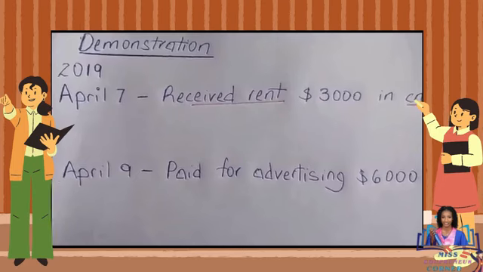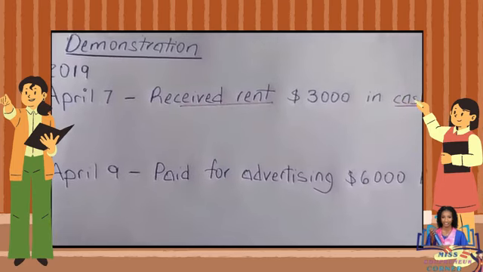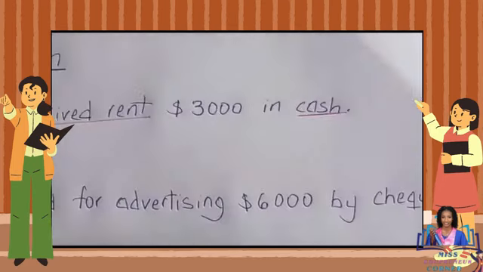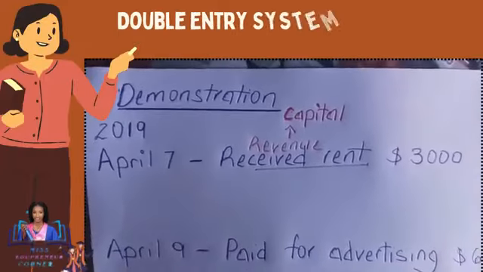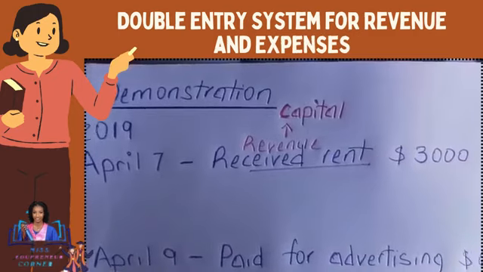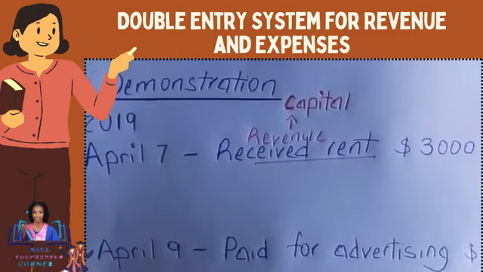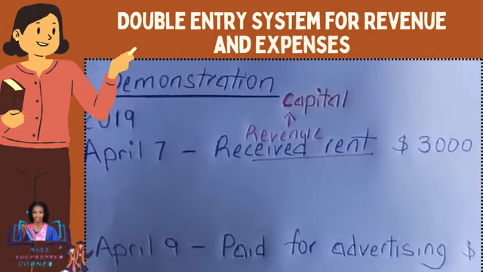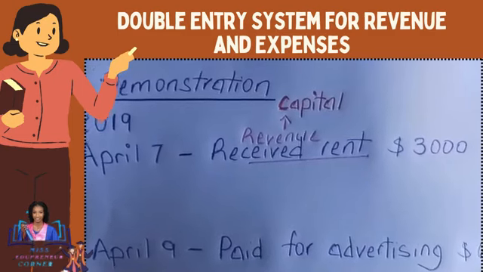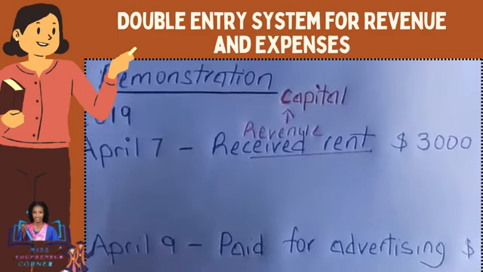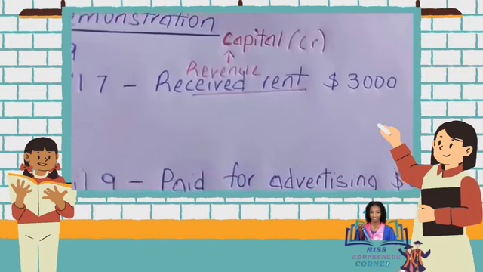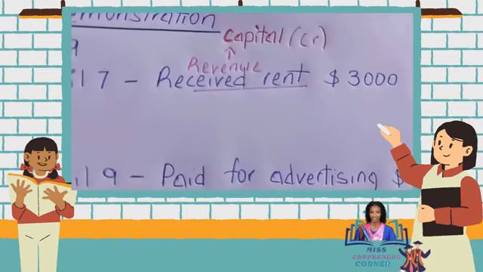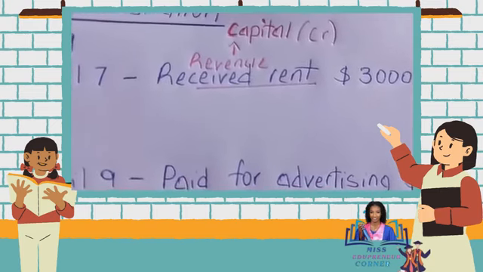So for one of the T accounts, we're going to have the rent received account, and the other one will be the cash account. Rent received is a revenue account, and revenue increases capital, and as capital increases, we make a credit entry. So we're going to credit that revenue account. Right there, we have recorded how the rent received account should be treated. It should be credited to show an increase in capital.